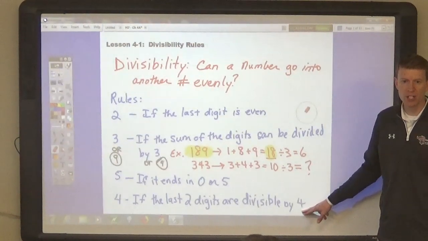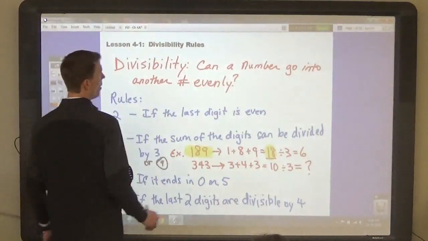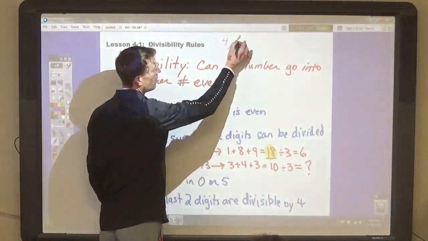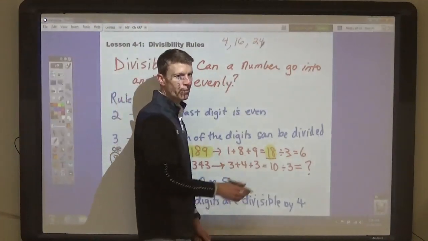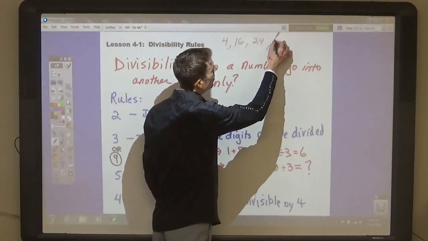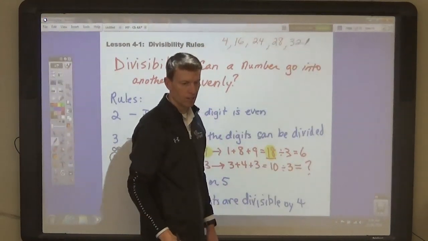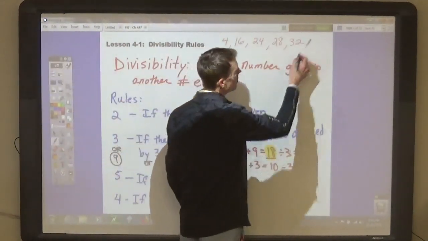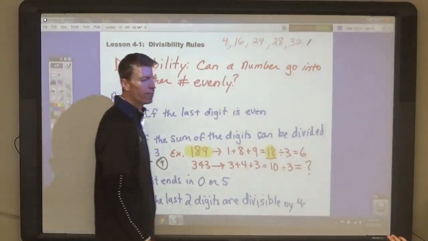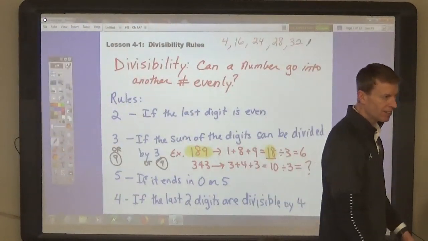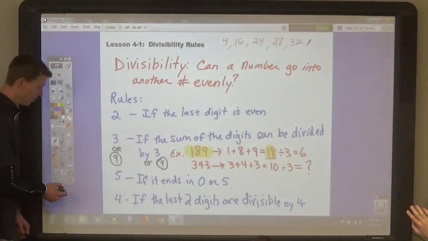If you think about the numbers that are divisible by 4, like 4, 16, 24, 28, 32, if they end in any of these, then the number is divisible by 4. 40, 44, 48, 52, and so on, 60.